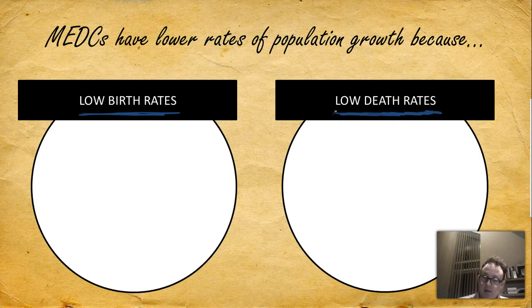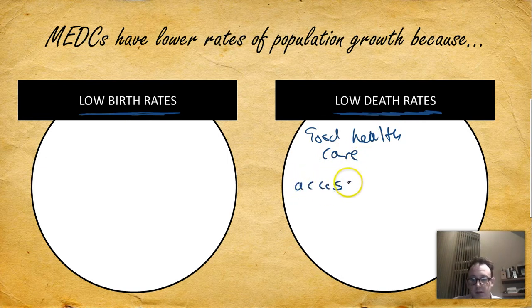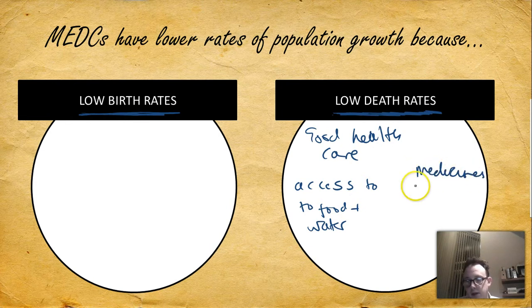The reasons why we have low death rates are good healthcare, access to food and water, let's say medicines to prevent disease.